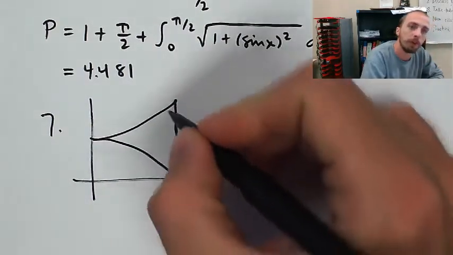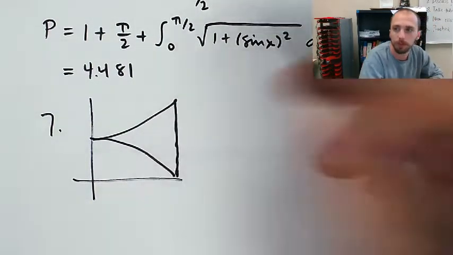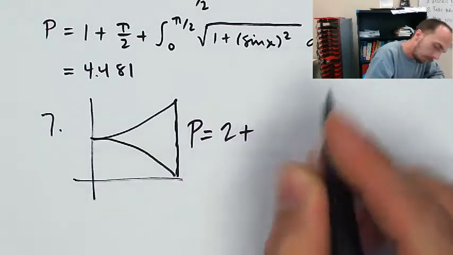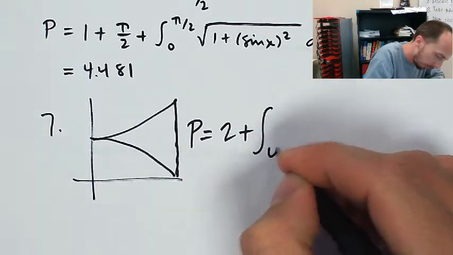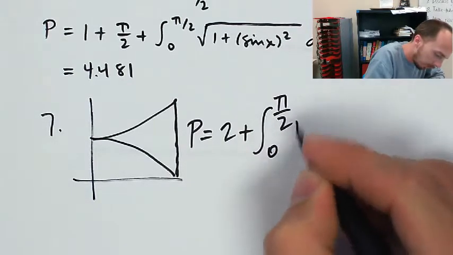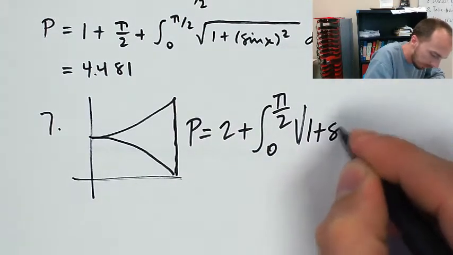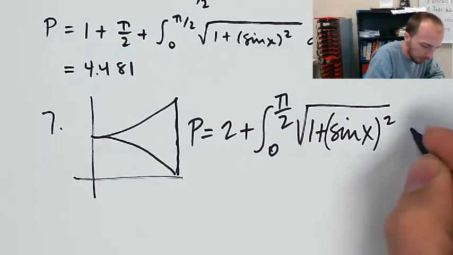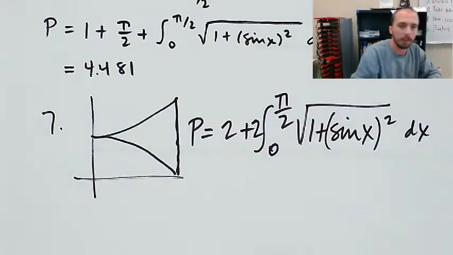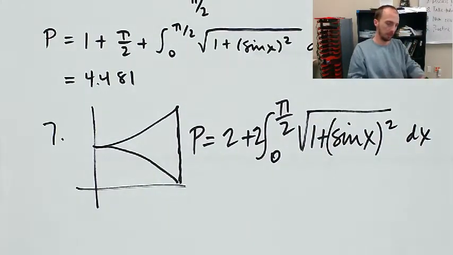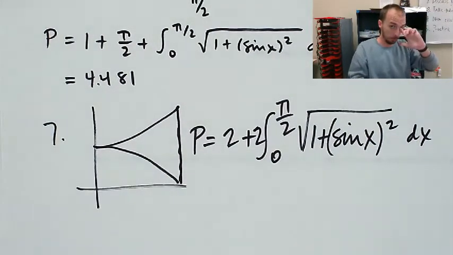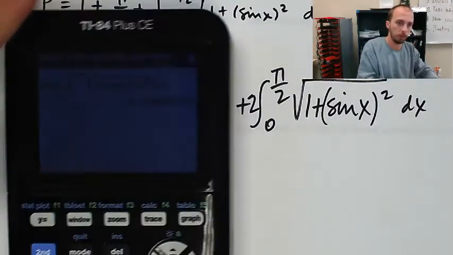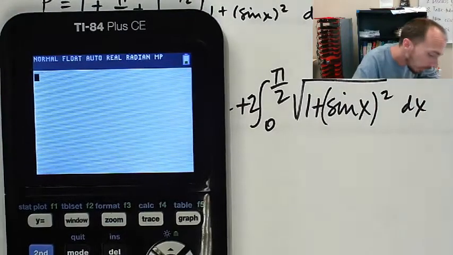I'm thinking perimeter is going to be, this is 2, for reasons we've discussed. Perimeter is 2 plus the integral from 0 to pi over 2 of the square root of 1 plus sine of x squared dx, and I'm going to just double it. I think it's pretty evident that that length is going to be the same as that length, especially if you're looking at the original sketch of the region on the original document.